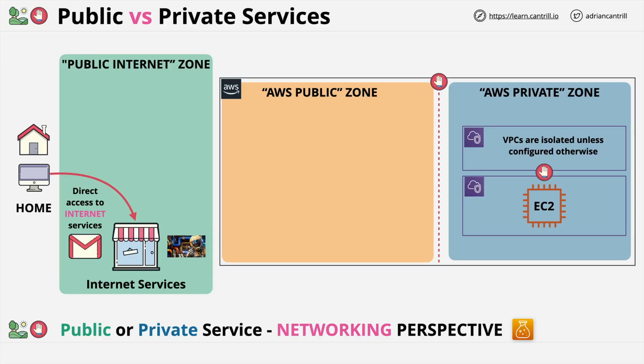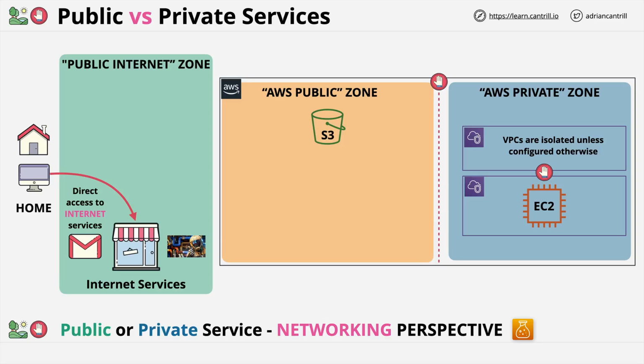Now this distinction might seem irrelevant, but as you learn more about advanced AWS networking, the distinction really matters. This AWS public zone is the network zone where AWS public services operate from, services with public endpoints such as S3.